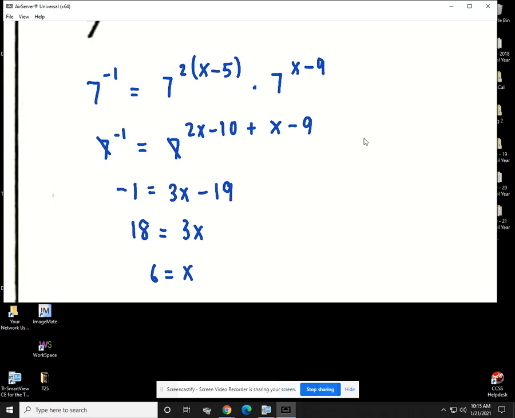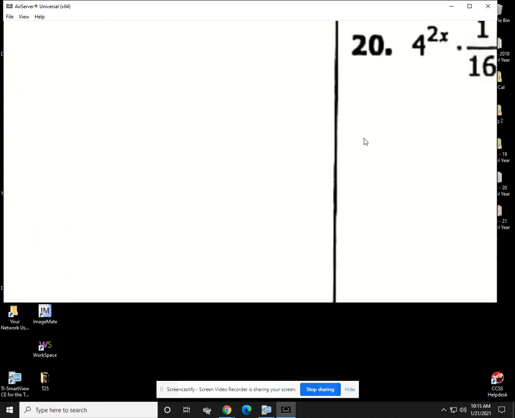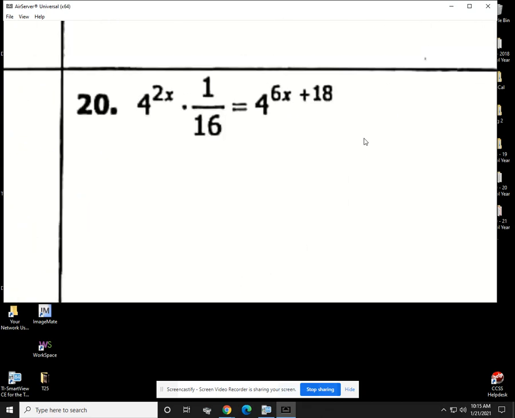Okay, x equals 6. I want to show you one more thing before I put you out on your own. Go straight across the paper to the right. Y'all notice what the base needs to be from all of you the same? 4. Now here's the only trick. We didn't see one like this, is why I wanted to show you this. What do you get to get 16? 4 squared, right?